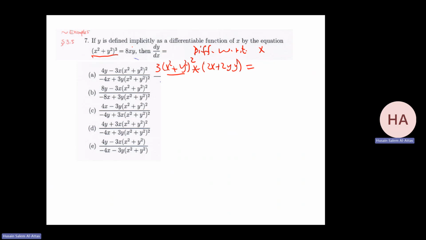That equals, derivative. Now I have product rule here. That will be 8 times y. I do 8x as the first function and y as the other function.